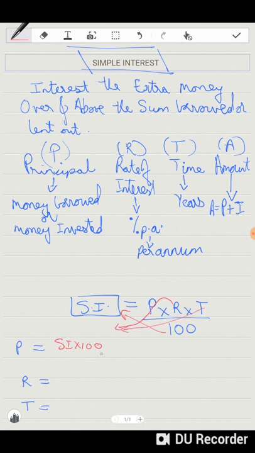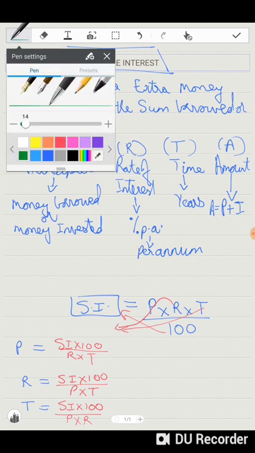So it will be SI into 100 upon R into T. Whereas rate will also be SI into 100 divided by P into T. And time will also be SI into 100 divided by T into R. Are we clear?